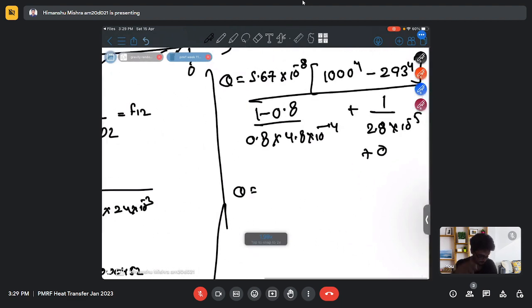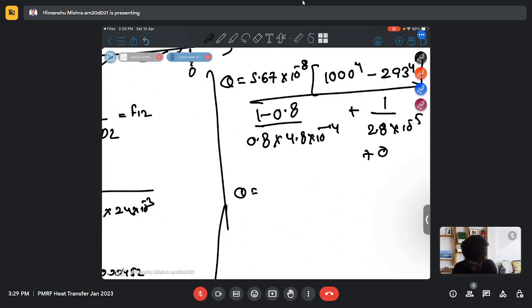So on calculating this, we will get the heat transfer roughly equal to 1 watt.